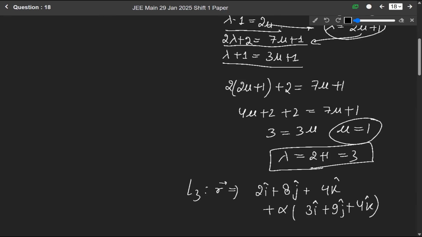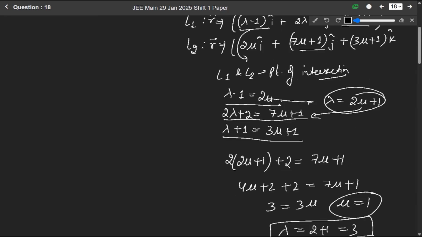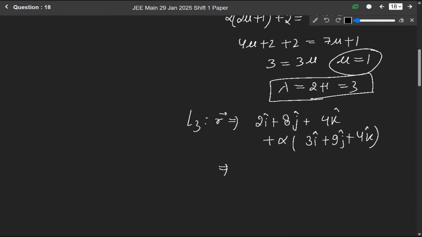So when we solve it, if we put the value of α as 2, it will be 2î plus 8ĵ plus 4k̂ plus 6î plus 18ĵ plus 8k̂.